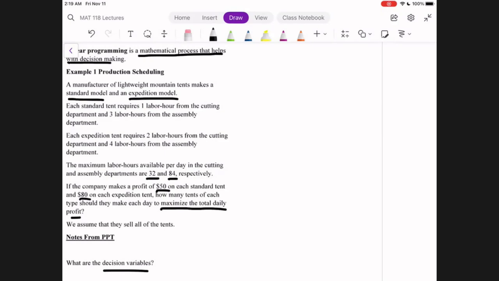We have certain things that we have to set up here. I'm going to let X represent the standard tents, the amount or how many you're going to make.